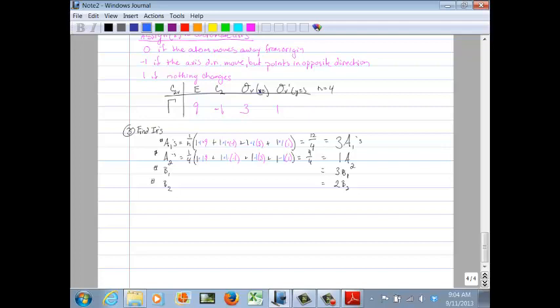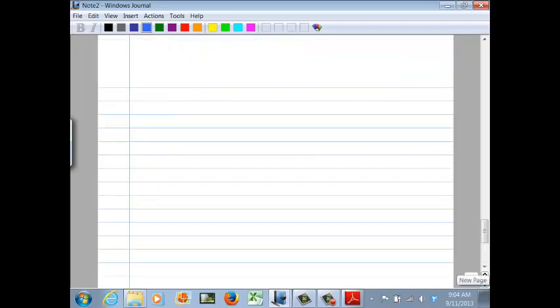Now, since we're talking about vibrational spectroscopy, we need to subtract out the rotations and the translations. So we'll have to subtract out 3 rotational degrees of freedom, or 2 if it's a linear molecule.